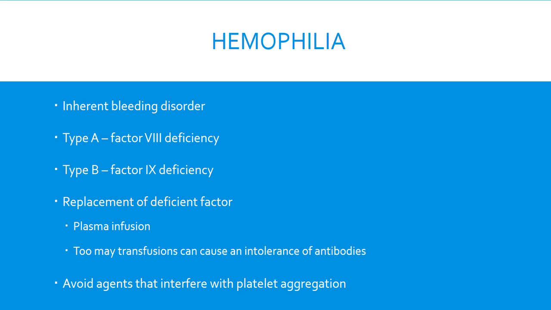So because of that buildup, a lot of people who have had blood, plasma or platelet transfusions throughout their entire life, by the time they hit that 30, 40, 50-year mark, start developing problems as far as transfusions. So avoid agents that interfere with platelet aggregation. So these are the people who are not going to take Coumadin, aspirin, ibuprofen, and heparin, because obviously they don't have the clotting factor and there's no point in thinning their blood even more.